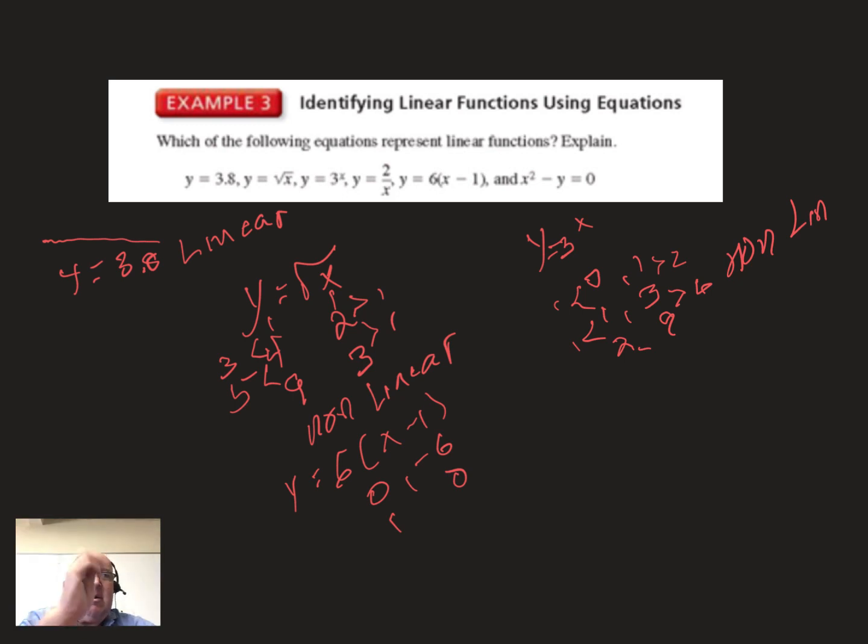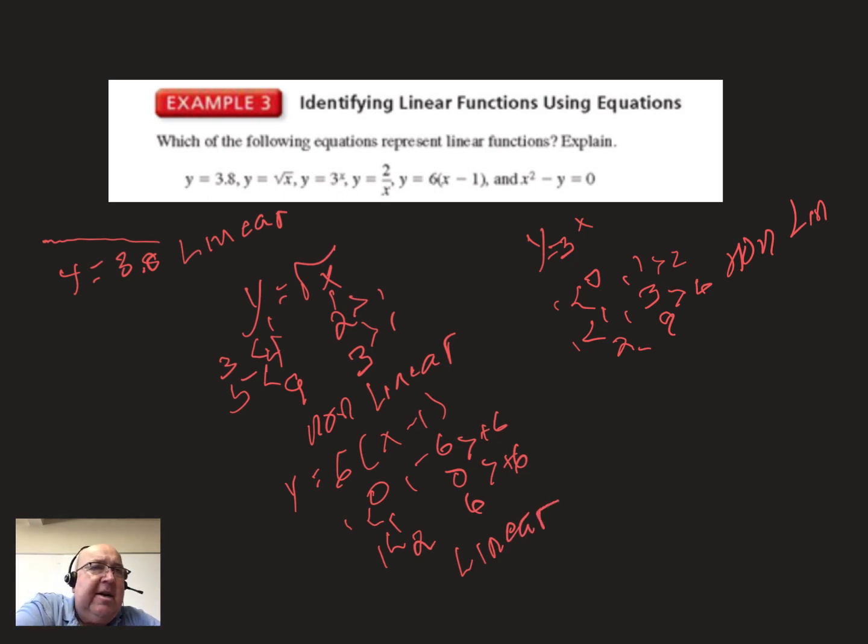Let's put 2 in for x. We see that our x values are going up by 1, and our y values are adding 6 each time. That is linear because it's the same amount.